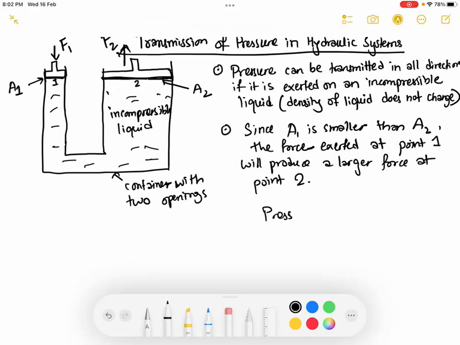So pressure inside the incompressible liquid is the same. Pressure P is equal to F1 divided by A1, which is equal to F2 divided by A2.